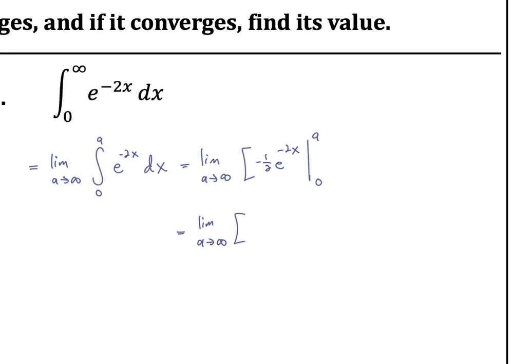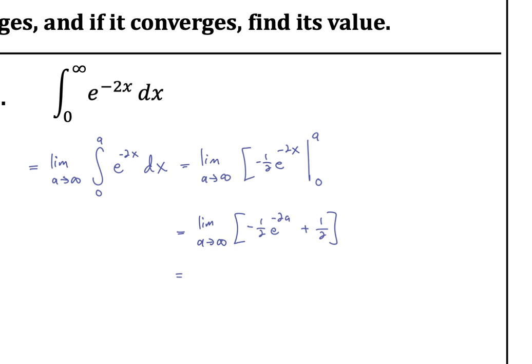Plug in the top limit, and then minus plug in the bottom limit. So e to the 0 is 1, so it's just really minus negative half times 1 minus negative half, which is plus a half.